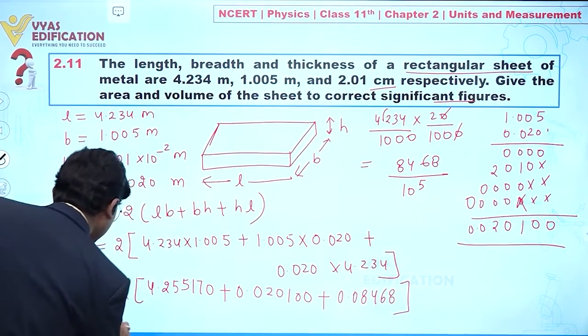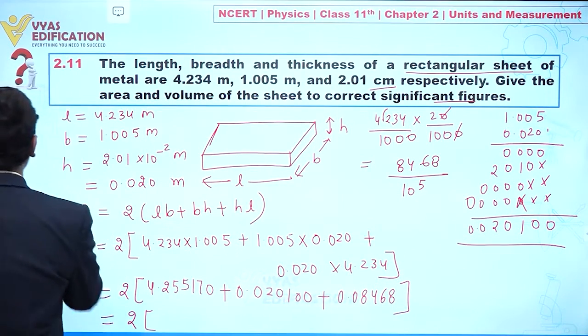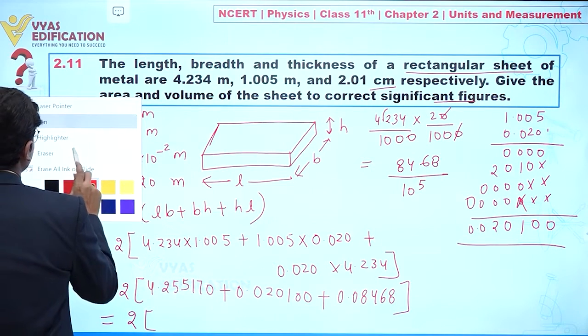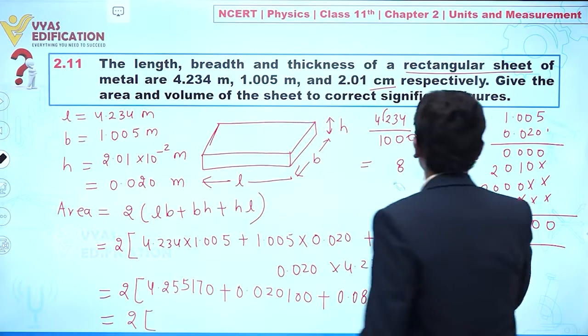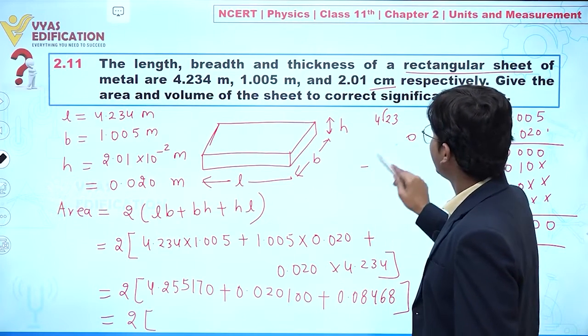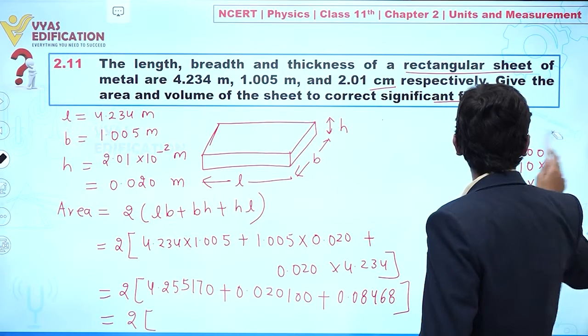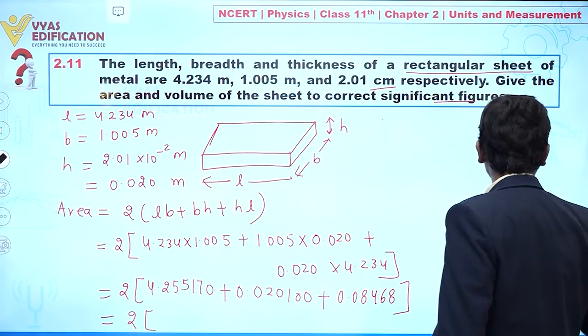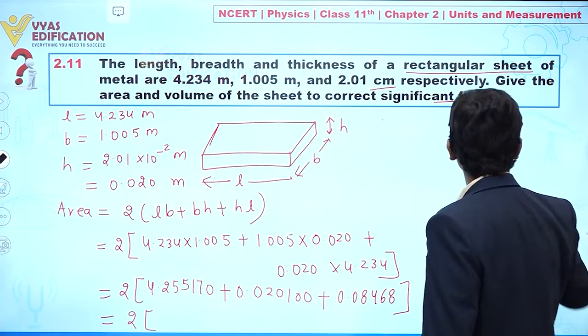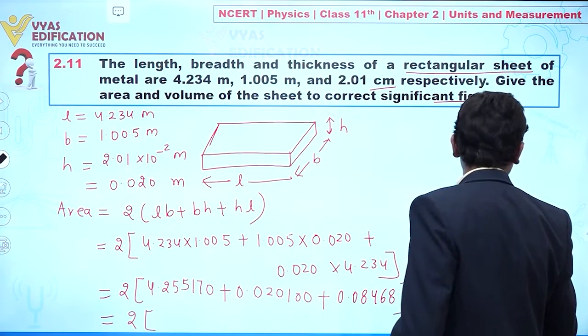So now we can say this is equal to 2 times, first we are adding all these 3 terms, clear. So now concentrate. Yes, definitely calculations are a little bit lengthy, but if we want to find here the exact answer, definitely we have to do some calculation, clear.